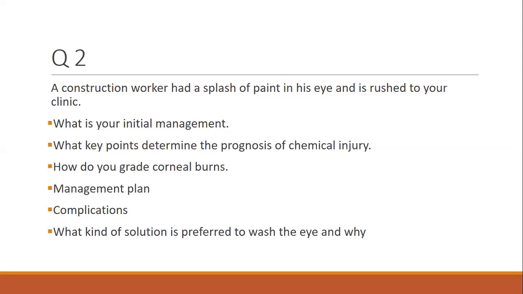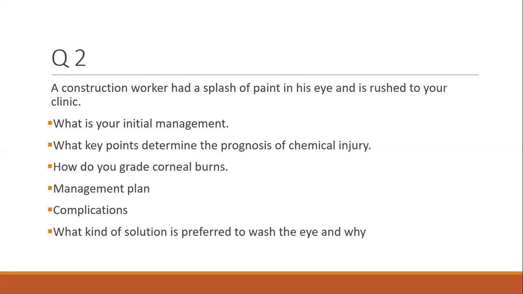Depending on that, we will come to know whether this is acidic or alkaline pH, and we can think of what the management would be. So you will wash the eye till it's neutralized, till you get a neutral pH, right? Yes. Correct. So what are the key features that determine the prognosis of a chemical injury?